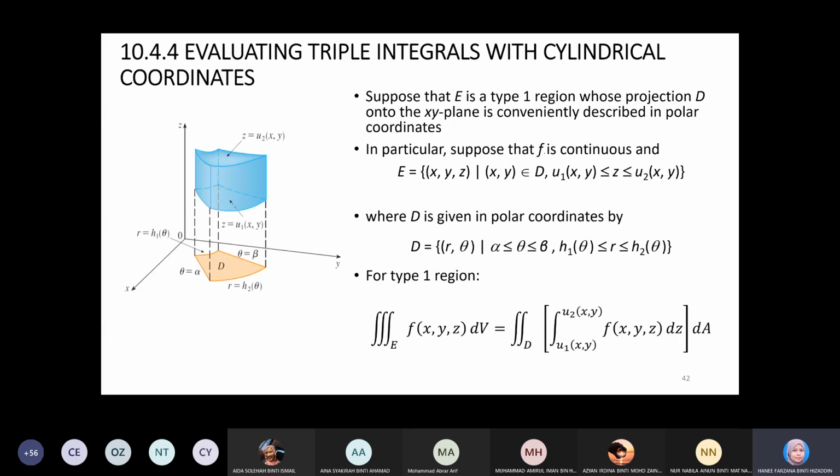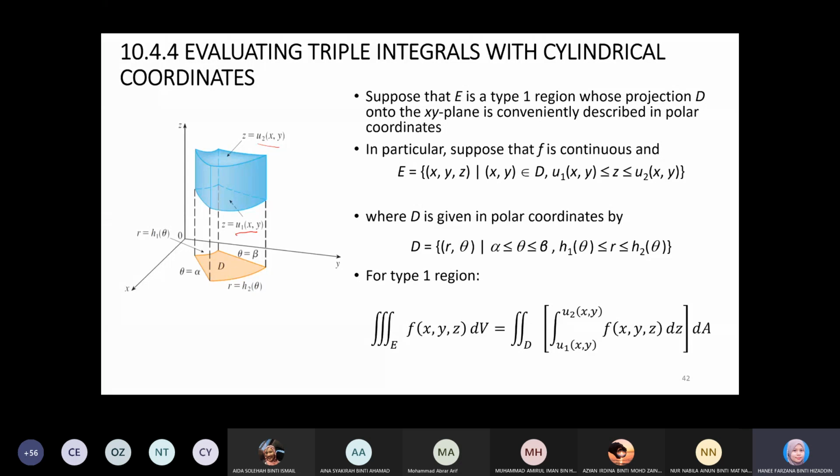In particular, suppose that f is continuous and a function of x, y, and z. xy is bounded by the region on the xy plane, and z is bounded by the u1 and u2 functions, which are functions of x and y. So D is described in polar coordinates.